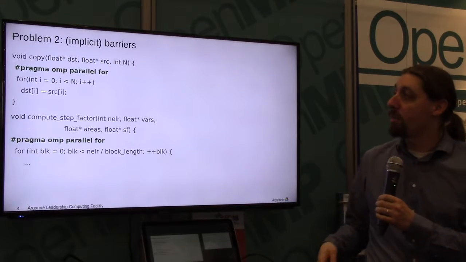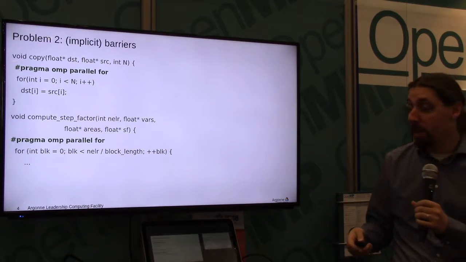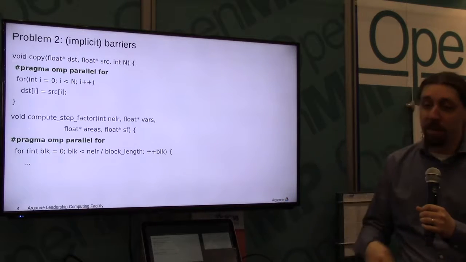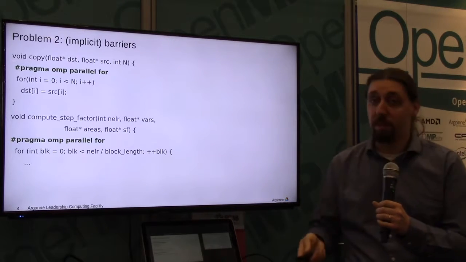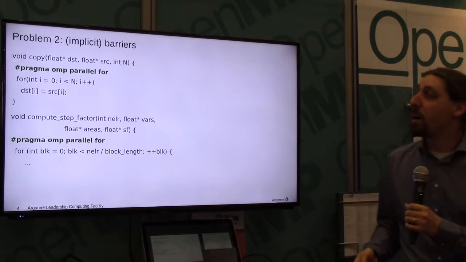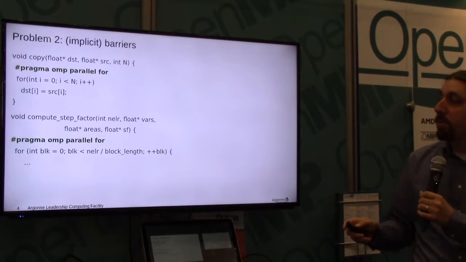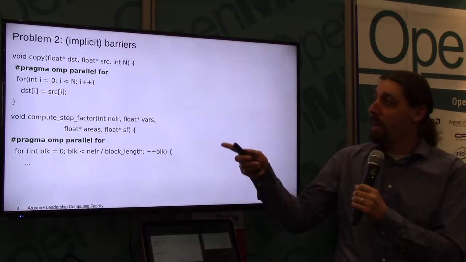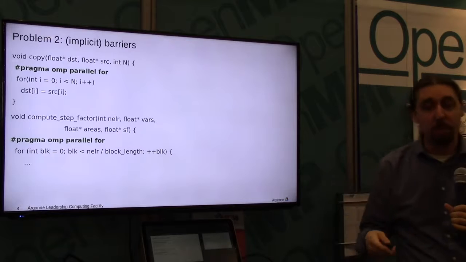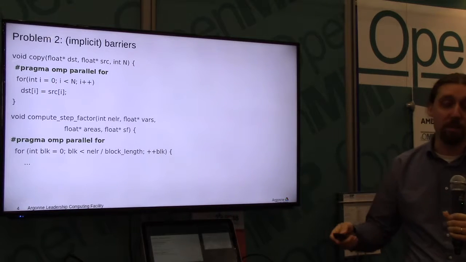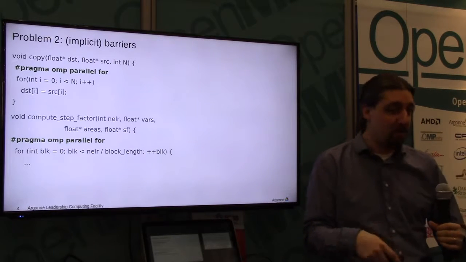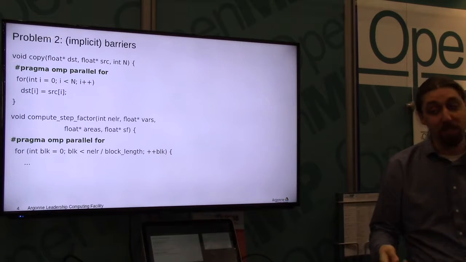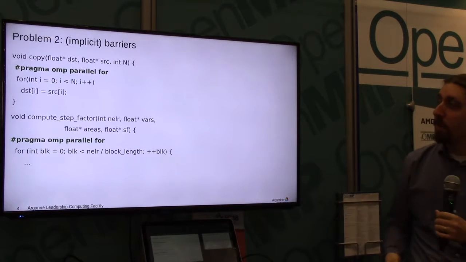And these things will cause the iterations from these loops to be split up among the various threads, and they'll all do their various pieces, and all of that seems to work pretty well. One thing to realize, however, is that there's a barrier that takes place at the end of all these loops, because each thread, by default, does its part of the iteration space, and then it stops, and it waits for all the other threads to finish their parts of the iteration space, and then, only then, will it keep going.